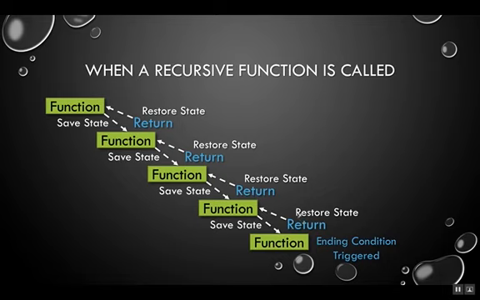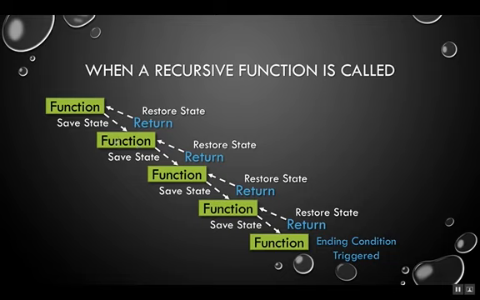And at this point, whatever was going on when this function was called, the state is restored other than the return value. So there's two things going on here. One is parameters are being passed down, return values are passed back up. But the other thing that happens is the state of everything else in the program during this function call is saved.